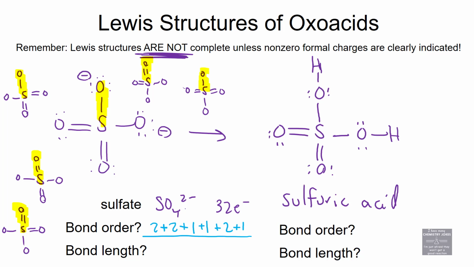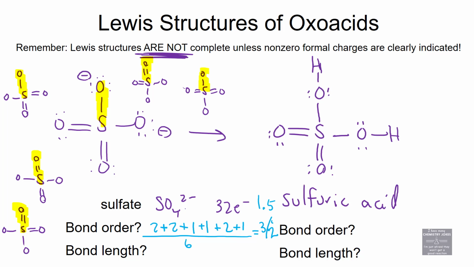That's all the bond orders of that particular bond divided by how many total Lewis structures there are. So 9 over 6 is really 3 halves or 1.5. Not 3.5, 3 halves or 1.5.